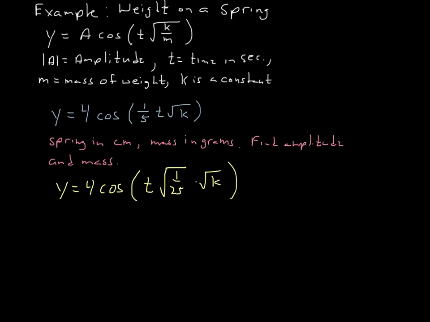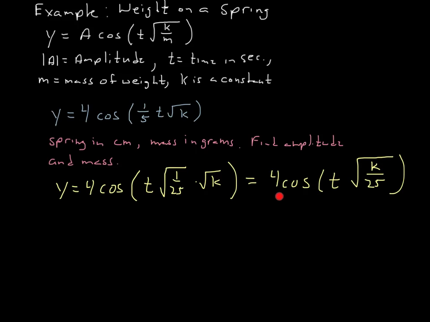You got to look at that and recognize that this right here is the same as 1/5. And that by properties of square roots is equal to 4 cosine of t times the square root of k over 25.